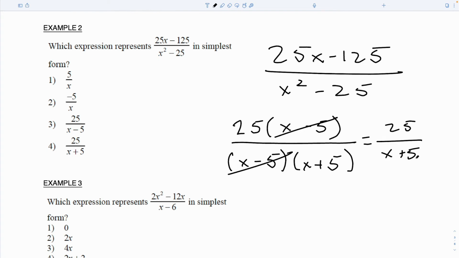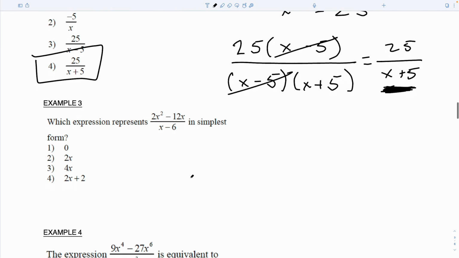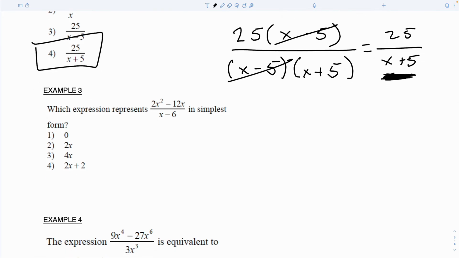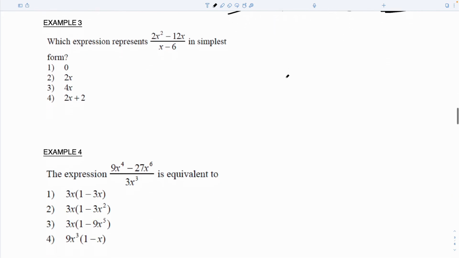I cannot cross out the 5 and the 25 because x plus 5 is an entire term. This whole thing is lumped together. This would be my answer. You cannot cross it out unless it's exactly the same on top.